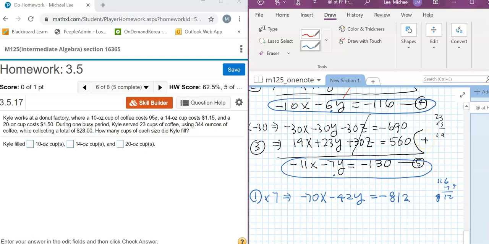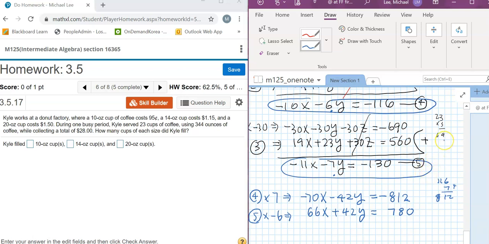Okay, so now, this is question number 4, right? Okay, 4 times 7. And then I'm going to multiply question number 5 times negative 6. Okay, so I get 66x plus 42y equal to, if I multiply negative 6, positive 780.